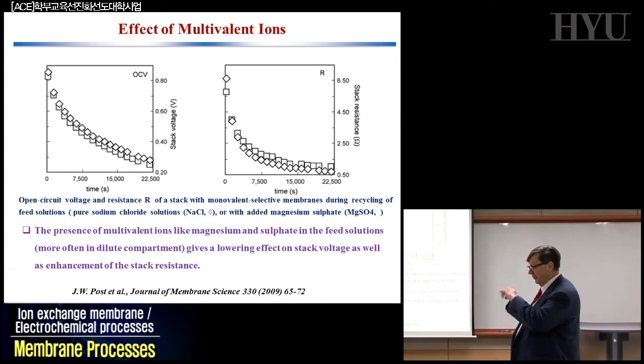Bivalent ions have a different amount of water in their clouds, and this effect can be interesting. You can see here that the stack resistance, for example, changes depending on whether you have only sodium chloride or also magnesium chloride. Here the effects are not too big apparently, but this effect can be significant when you multiply by all the number of cells that we are considering.